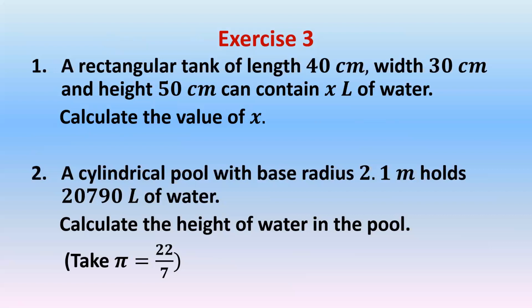Calculate the value of X. Number 2. A cylindrical pool with base radius 2.1 meters holds 20,790 liters of water. Calculate the height of water in the pool. Take pi to be 22/7.